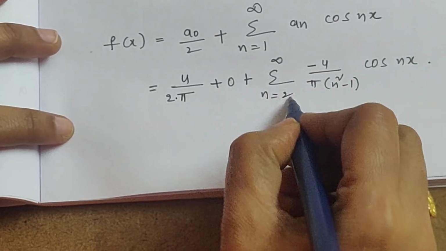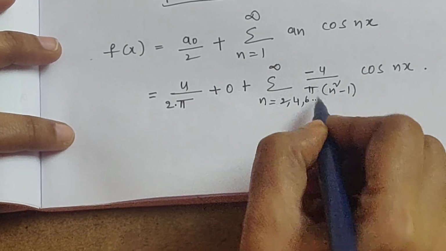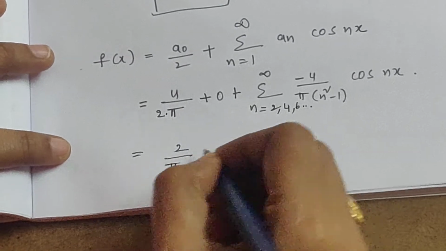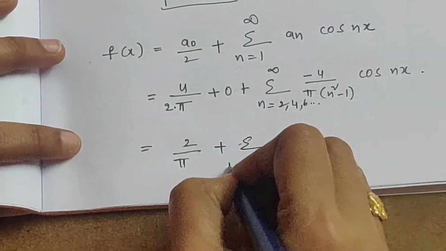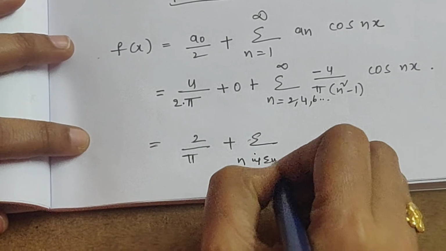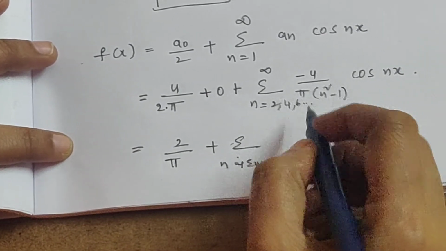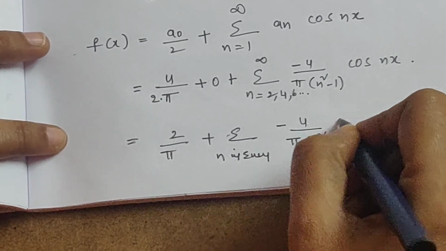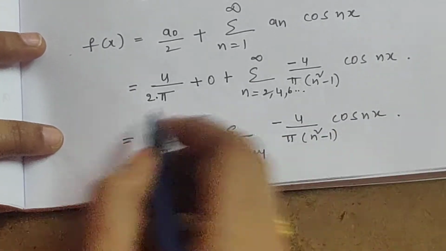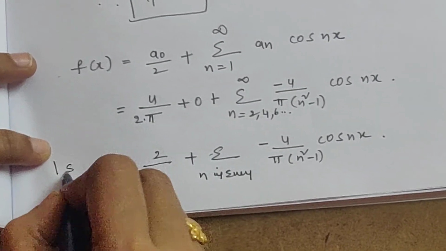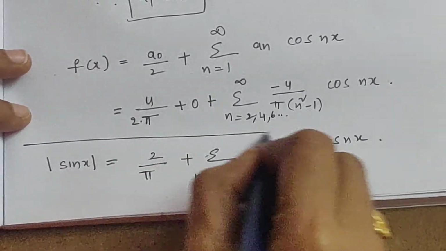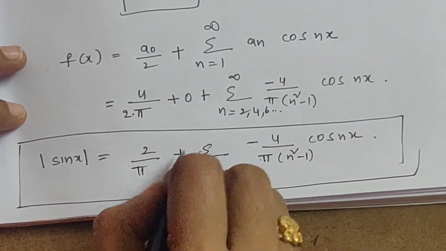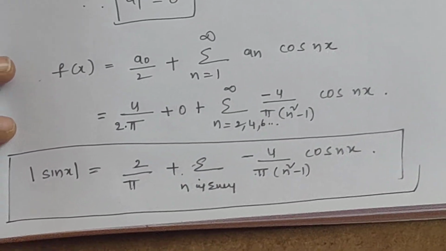In particular n even we got, and in place of odd we got values 0, so it can be written as 2 by pi plus, for n even, that means you have to take n equal to 2, 4, 6 like that, minus 4 by pi into n square minus 1 cos nx. This is the Fourier series of mod sin x in the interval minus pi to pi. Here you may write minus 4 by pi outside of sigma also. This completes the problem.